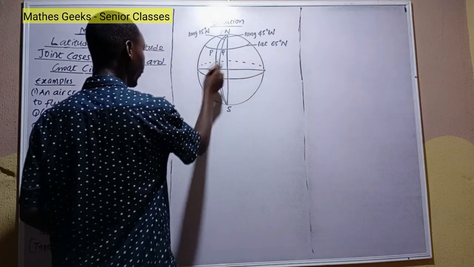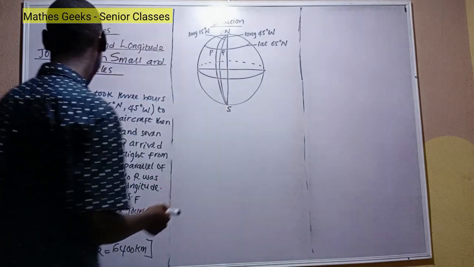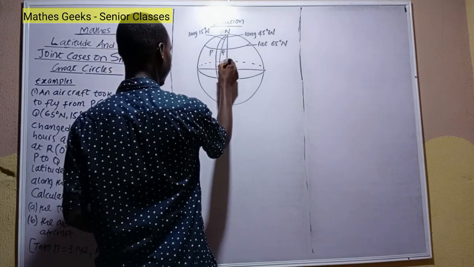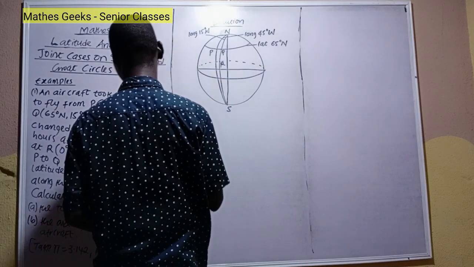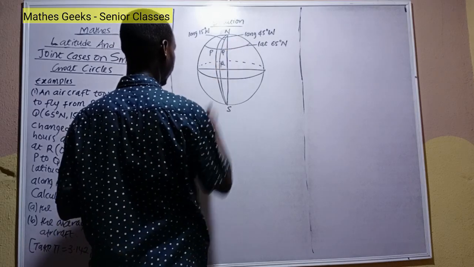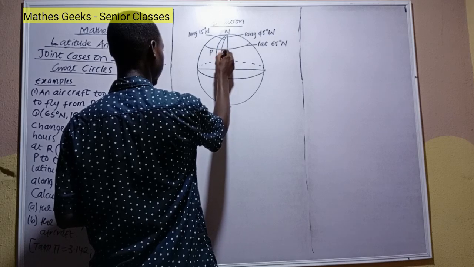If point R would be here, since it's 0 degrees, and 0 degrees is the equator, so this is point R, at 15 degrees west longitude. This is the direction of the aircraft.